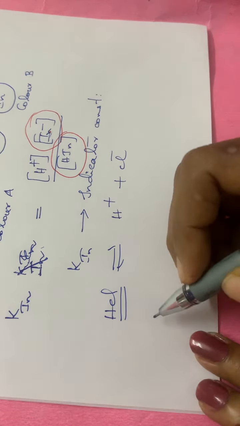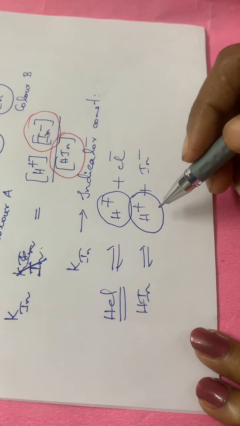To this acidic solution, suppose we add this weak organic acid indicator, HIn. So HIn will be ionizing as H plus and In minus. So the solution will have which ion in excess? H plus ion in excess, isn't it?